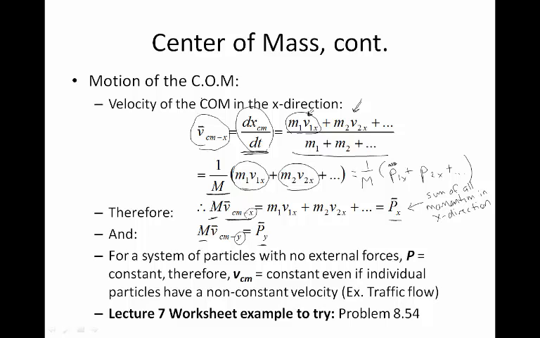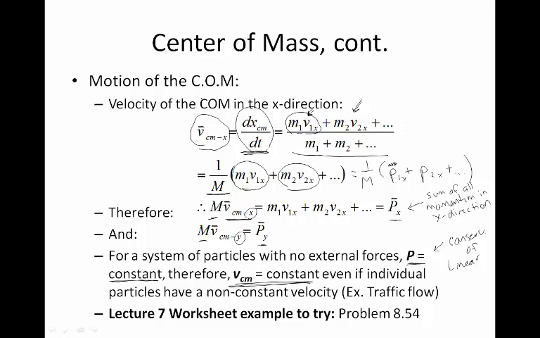So for a system of particles with no external forces, the total momentum is constant, because that was our rule from conservation of linear momentum. So if your total momentum is constant, as in mass times the velocity of the system, then the velocity of the center of mass of that system is actually constant.